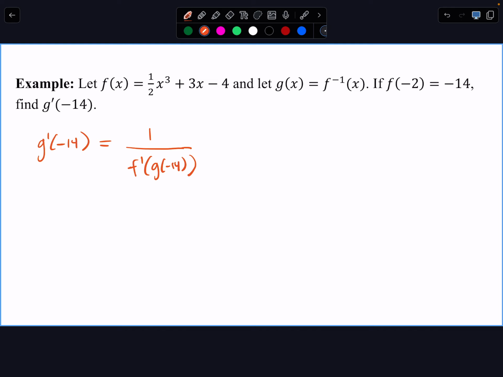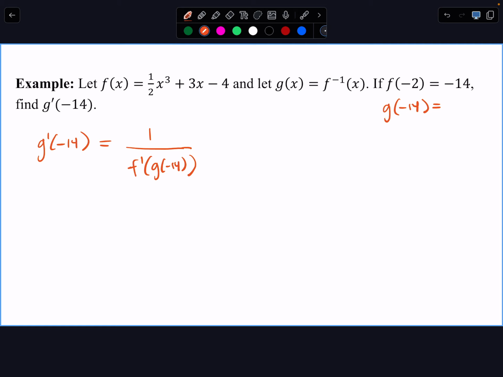Well, we know f of negative 2 is equal to negative 14, so how could we find g of negative 14? Find the equation of g? I guess that could be one option, but if you know that they're both inverses, if we were to input negative 14 into g, what would the output be?